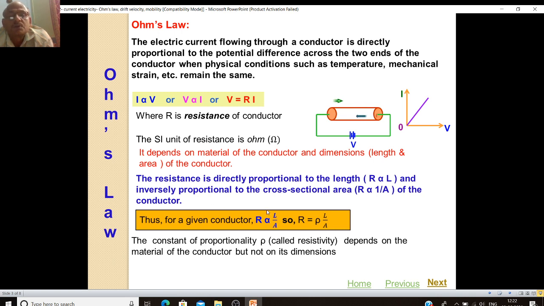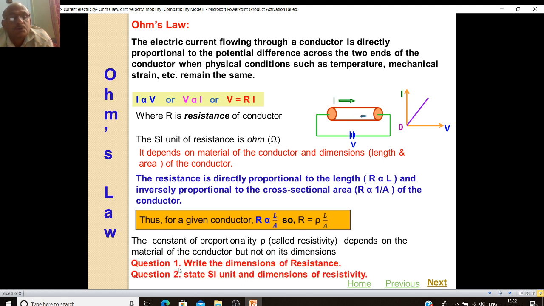Thus, R is proportional to L by A. So R equals rho L by A. This constant of proportionality rho is called resistivity. It depends on the material of the conductor but does not depend on its dimensions. So see here, the resistance depends on dimensions as well as material of the conductor, while resistivity depends only on the material of the conductor.